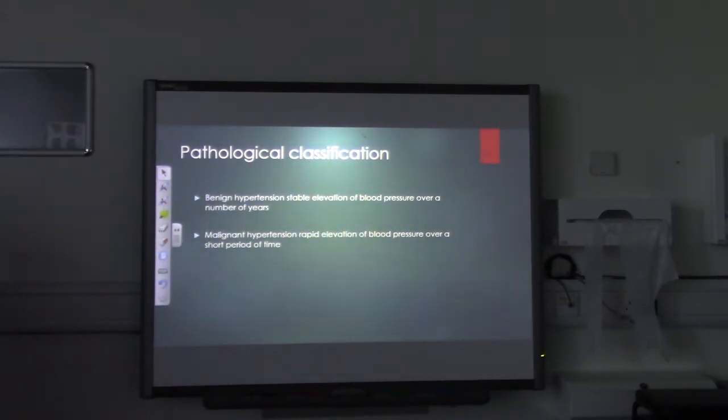Then we have malignant hypertension, which is a sudden rapid elevation of blood pressure over a short period of time. This can result in organ damage, blurred vision, chest pain, shortness of breath and headache, whereas benign hypertension can typically be silent and only picked up as an incidental finding.